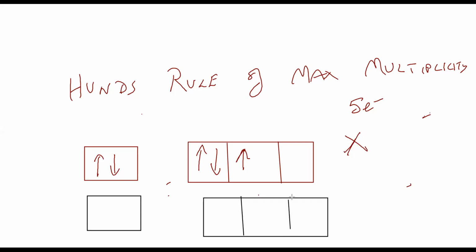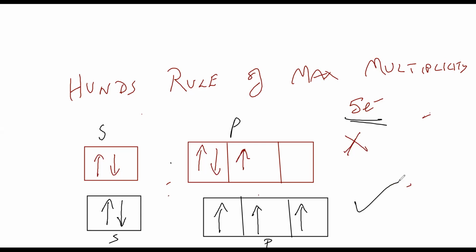This is a filling of 5 electrons. This is in s, this is in p. I'm not specifying which is p and which is s; this is for understanding. If 5 electrons are given, first I should fill 1 here, then 2 here, the 3rd electron here, the 4th electron here, and then I should come back to this for the 5th electron. This is the correct way of filling.